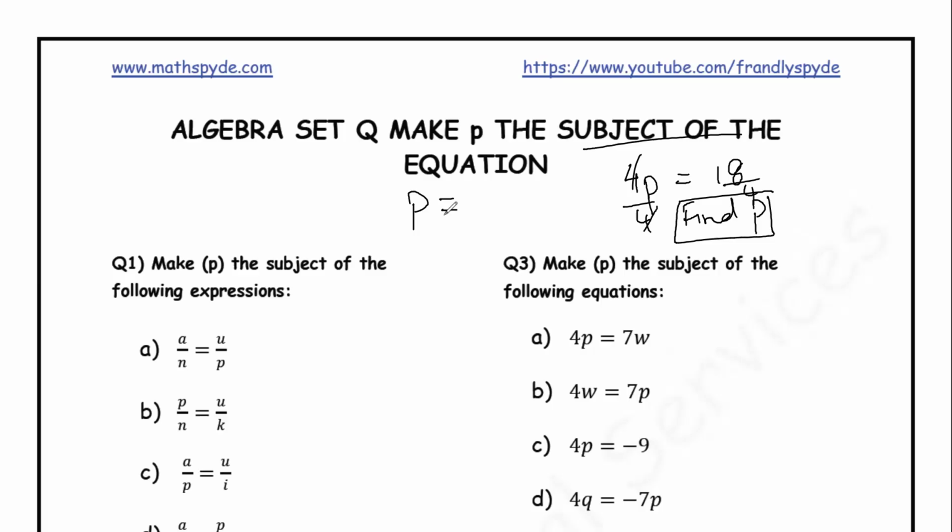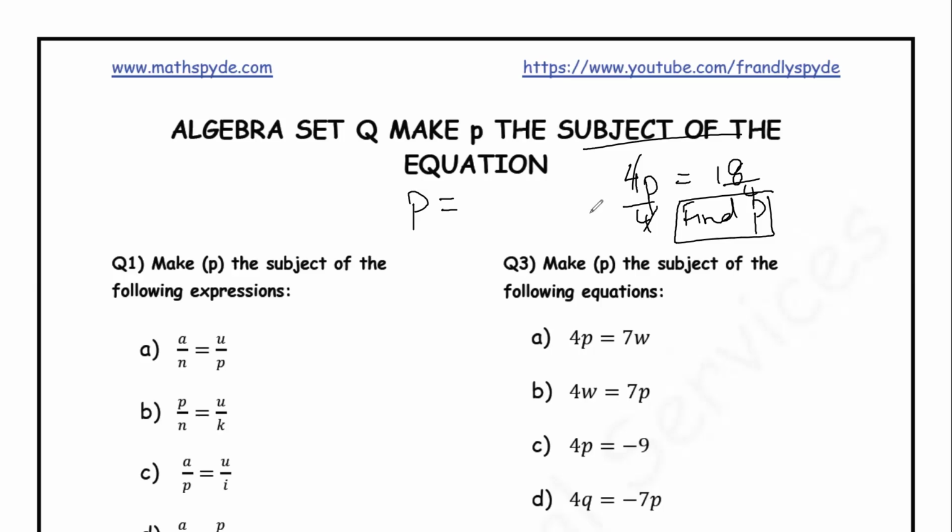and have left P on its own. So make P the subject of the equation simply means finding P, or basically we want P on one side of the equal to sign and everything else on the other side. Make P the subject of the equation means having P on one side of the equal to sign, everything else on the other side.